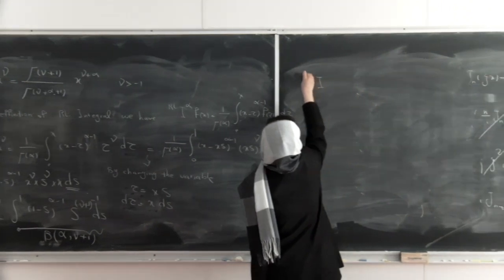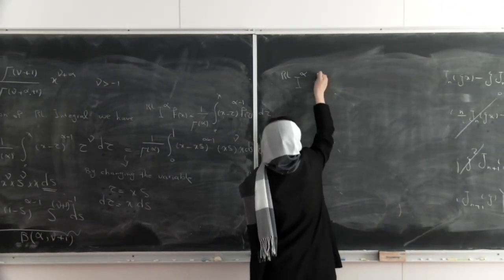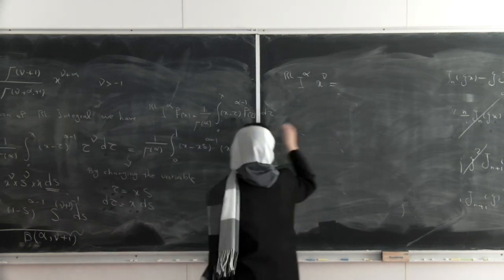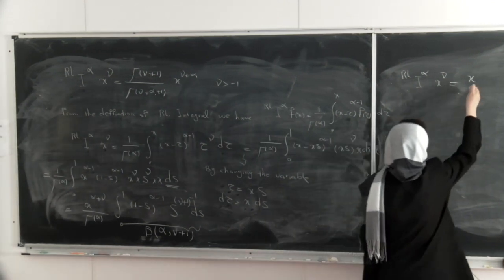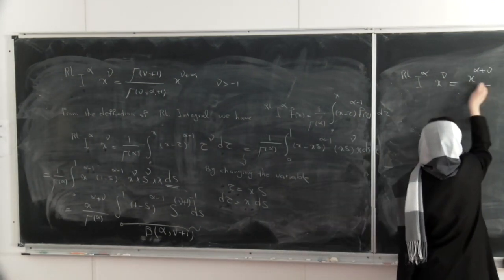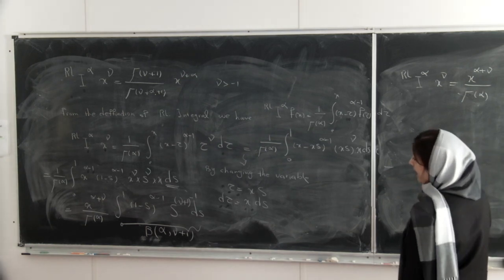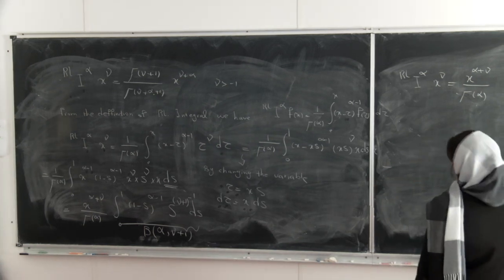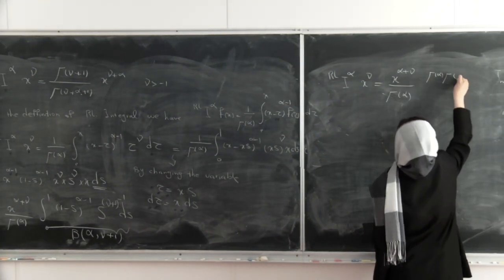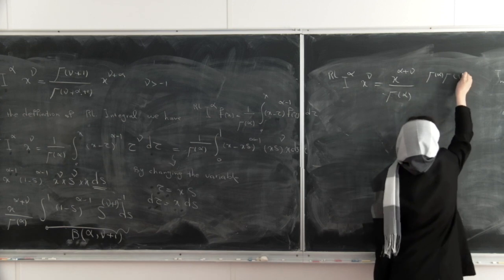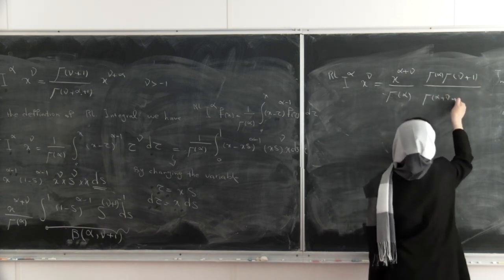So we have the Riemann-Liouville integral of order alpha of x to the nu equals this part, x to the alpha plus nu divided by gamma of alpha, times the beta function of alpha and nu plus 1. From the definition, the beta function is gamma alpha, gamma nu plus 1 divided by gamma of alpha plus nu plus 1.